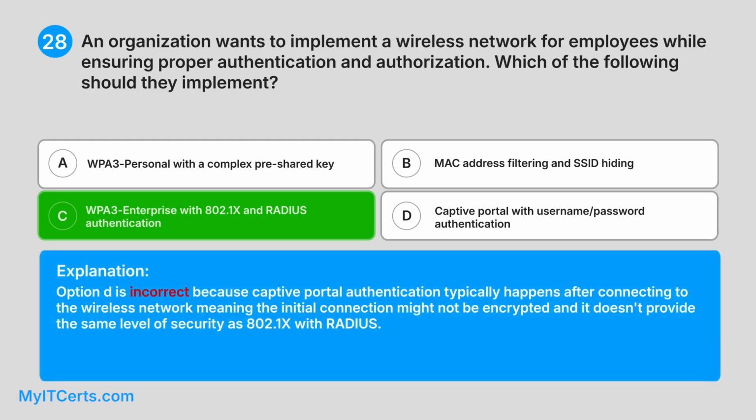Option D is incorrect because captive portal authentication typically happens after connecting to the wireless network, meaning the initial connection might not be encrypted, and it doesn't provide the same level of security as 802.1X with RADIUS.